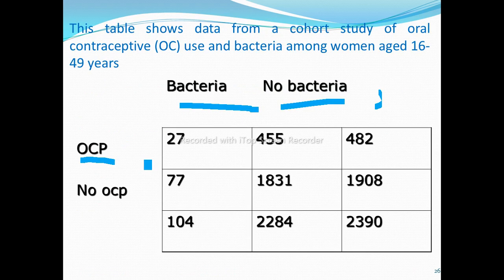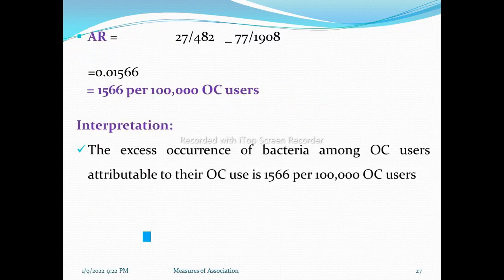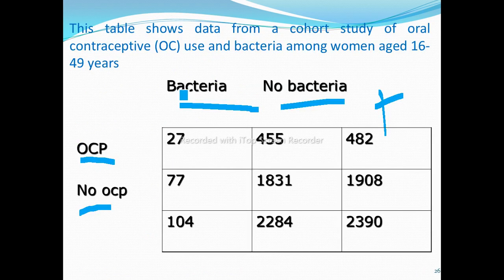The formula is attributable risk equals incidence in the exposed group minus incidence in the non-exposed group.